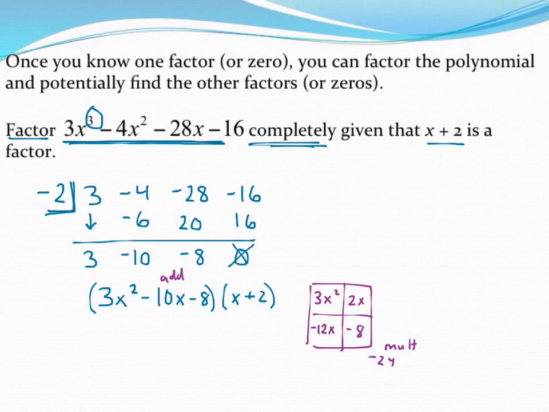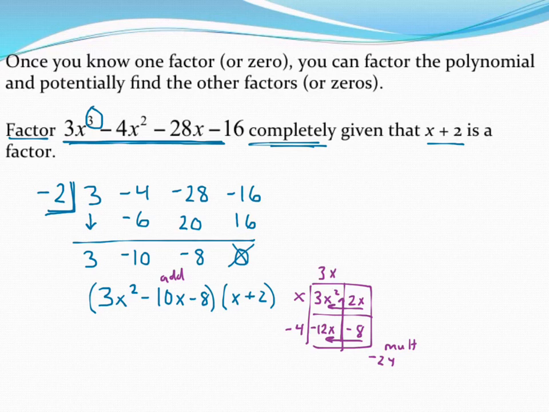To finish this, then, we are looking across rows and columns for greatest common factors. Negative 8 and negative 12 can both be divided by negative 4. It's the biggest number they both have in common. 3x squared and 2x along the top row, they only have an x in common. Do the same thing up and down columns. So 3x squared and negative 12x have a 3x in common.